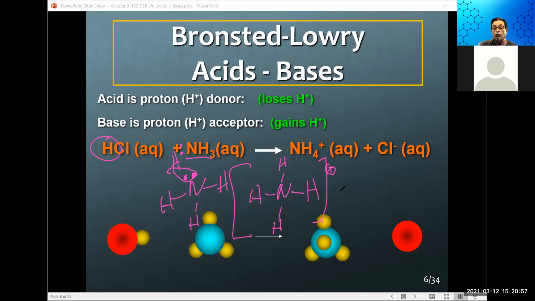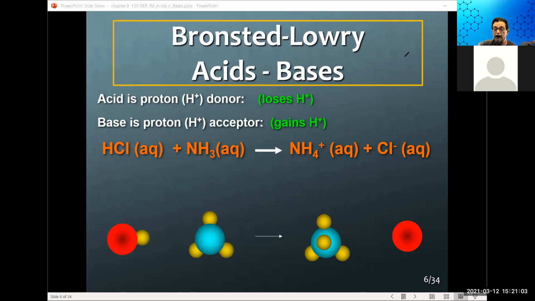Neutralized the acid with no hydroxide involvement. Simply the fact that it had a lone pair on there. You know, even the hydroxide can be thought of as a Bronsted-Lowry base, because if you look at the hydroxide, you know you can do the Lewis dot structure, and you know what?